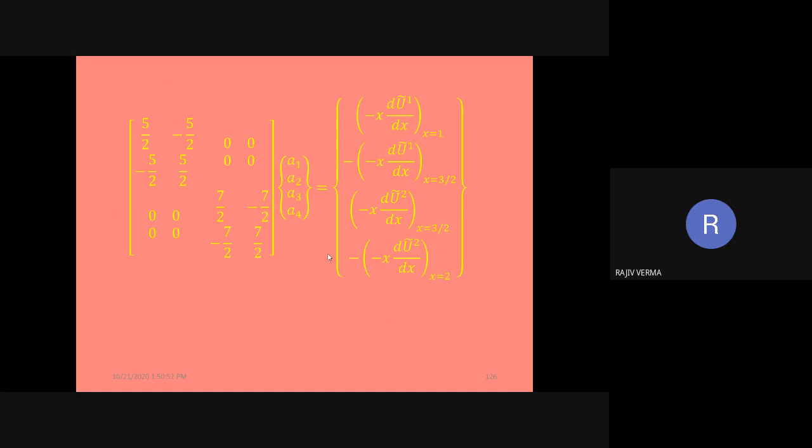The other thing to be noticed is that since the elemental stiffness matrices themselves happen to be symmetrical in nature, it is also desirable that the global stiffness matrix should also be symmetrical in nature. Since the local stiffness matrices are symmetrical, it is desirable that the global stiffness matrix should also be symmetrical.